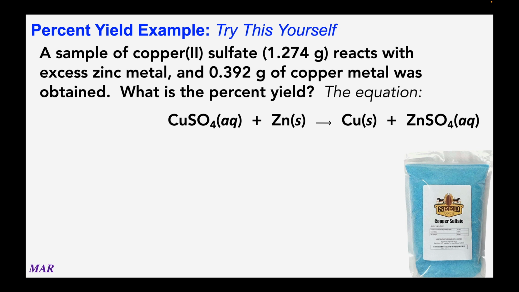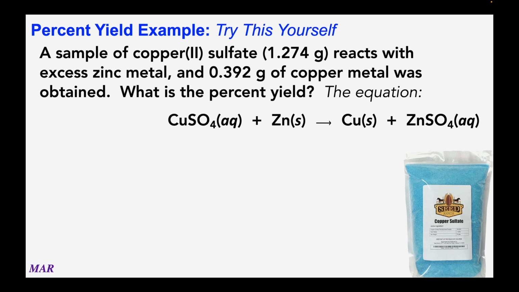And there's the equation. How you would answer that is you take that 1.274 grams of copper(II) sulfate, turn it into moles, using the molar mass. Then for every 1 mole of copper(II) sulfate, you're going to create 1 mole of copper. So in this case, the moles are equal to each other. You can then take that moles of copper, multiply it by the molar mass of copper, 63.546 or whatever.